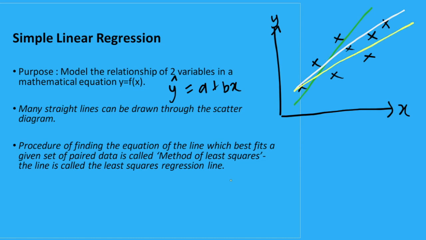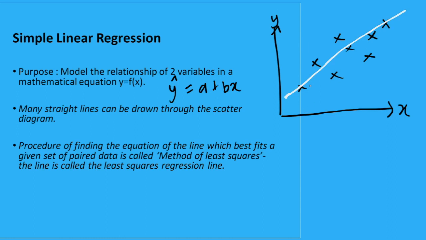The procedure that we will be using in our simple linear regression model is called the least squares method, and it helps us find a line that best fits your set of data. What I mean by the line that best fits your set of data is, now imagine this is the line that best fits the set of this data. This is our simple linear regression line.